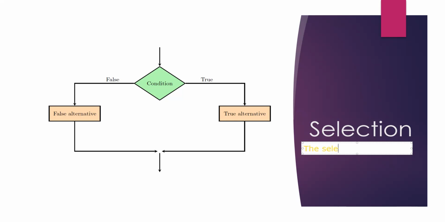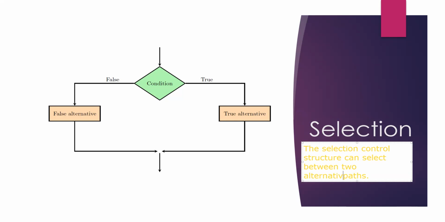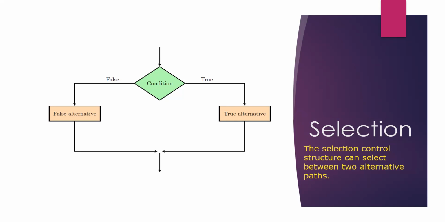The selection control structure can select between two alternative paths.